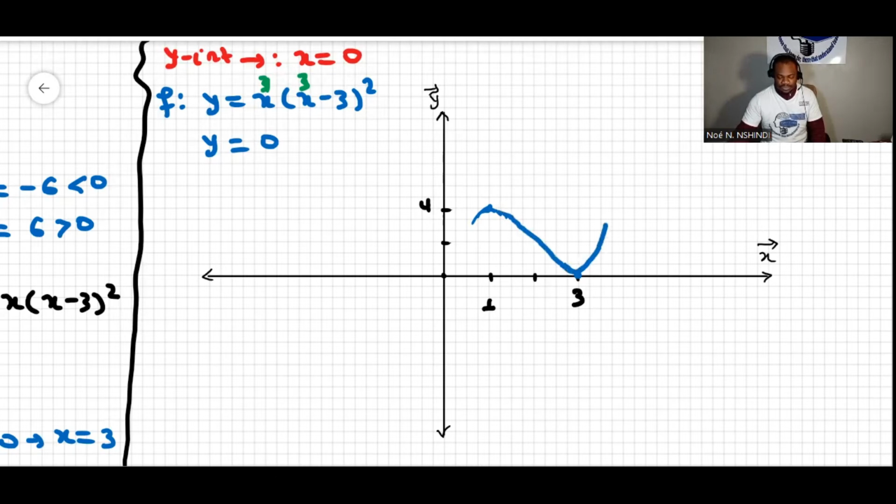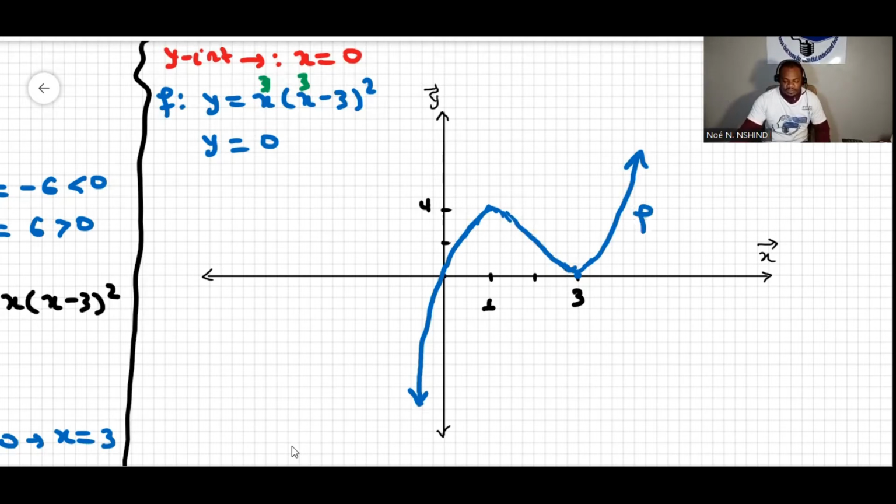So the graph, okay, I'm trying to make a curve. Et voilà. So that's f of x equal to x open bracket x minus 3 to the power of 2.